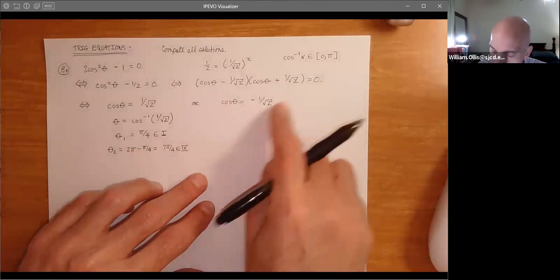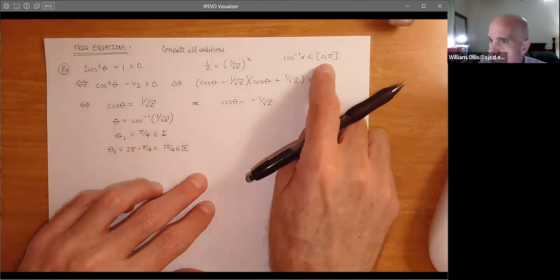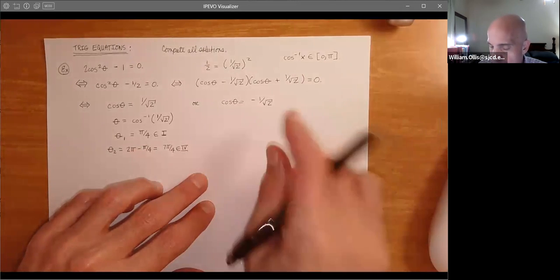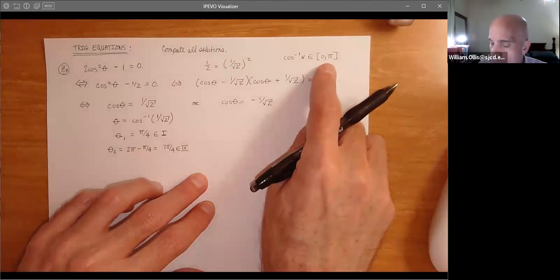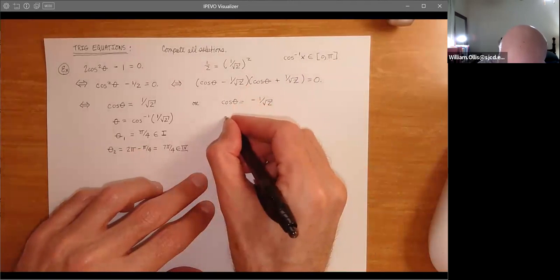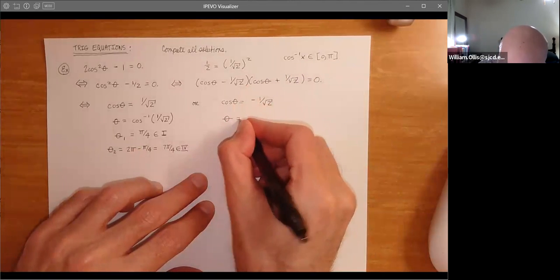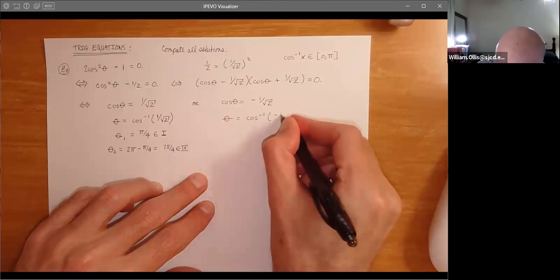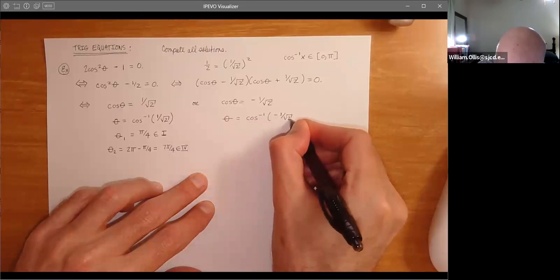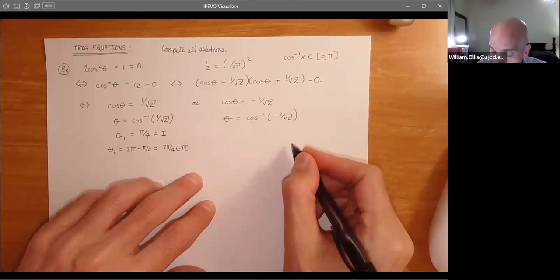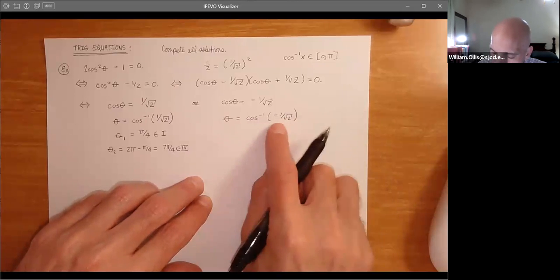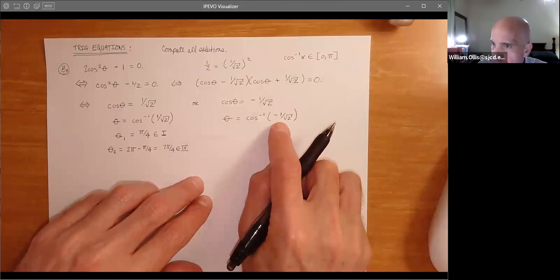Now here, we can use the fact that we know this, or we can use the identity of the negative angle, which, since this is fairly straightforward from the range of the inverse cosine, we can go ahead and use. So I'll state it this way. We have inverse cosine of the negative of 1 over root 2. Now, if you got a little bit squeamish, we also have an identity.